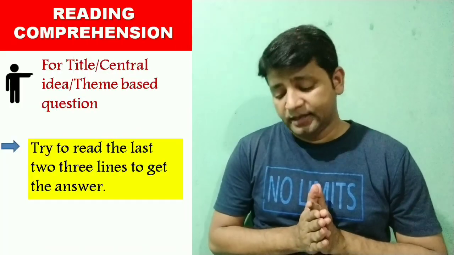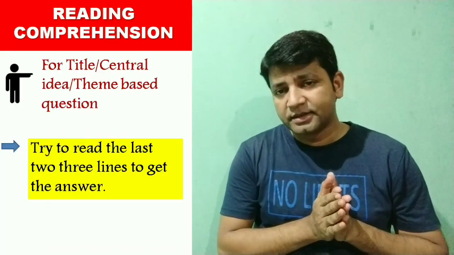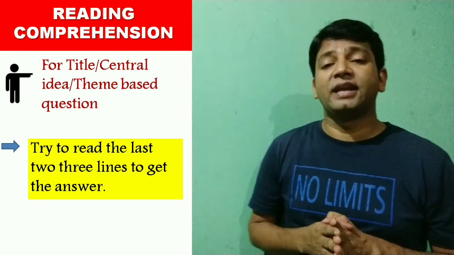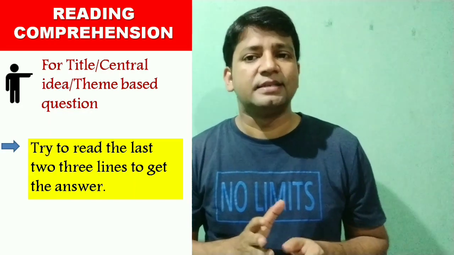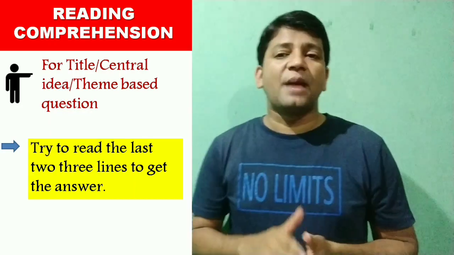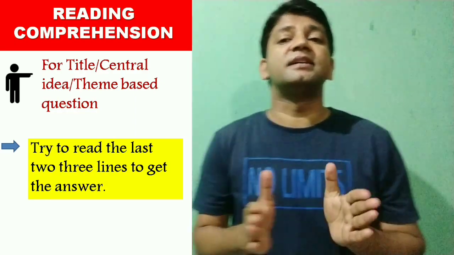Then one more question you will get, that is called title based question, or theme based question, central idea. All these are the same, only the names are different. Title based, central theme, main theme. For these types of questions, the answers you will get where?